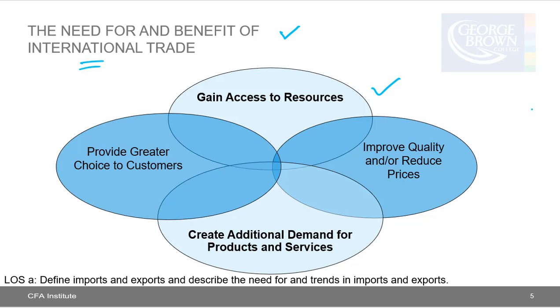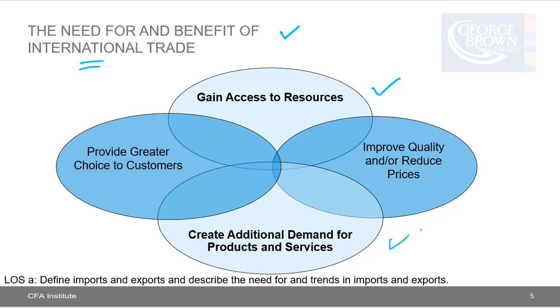Because there is insufficient supply of some of these resources in Japan, international trade is a way for Japanese manufacturers to gain access to those resources. They may import metals and minerals from Australia, Canada, and China, machinery and equipment from Germany, and fuel from the Middle East.